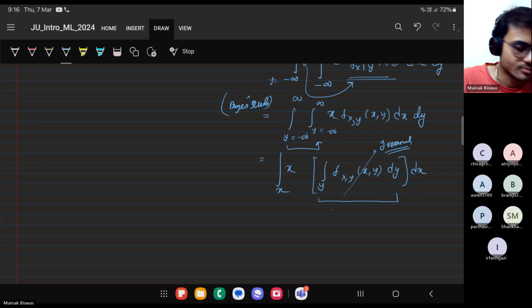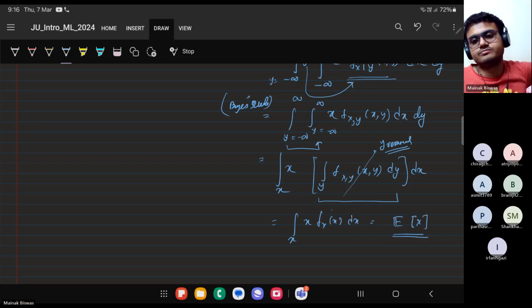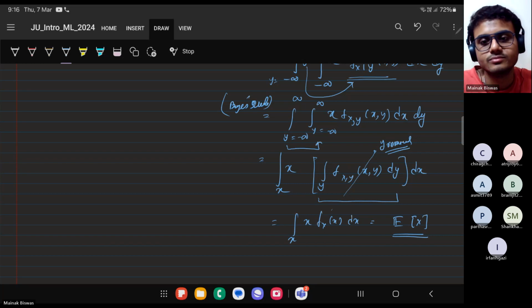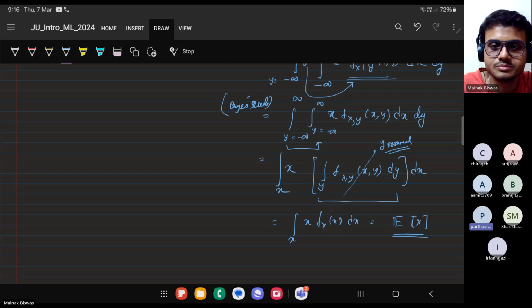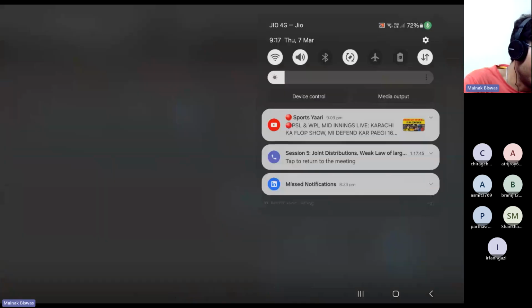So I'll be left with x f of x dx, which is expected value of x. Correct? Clear? Okay. If it is not clear, I'll wait for 1 second.